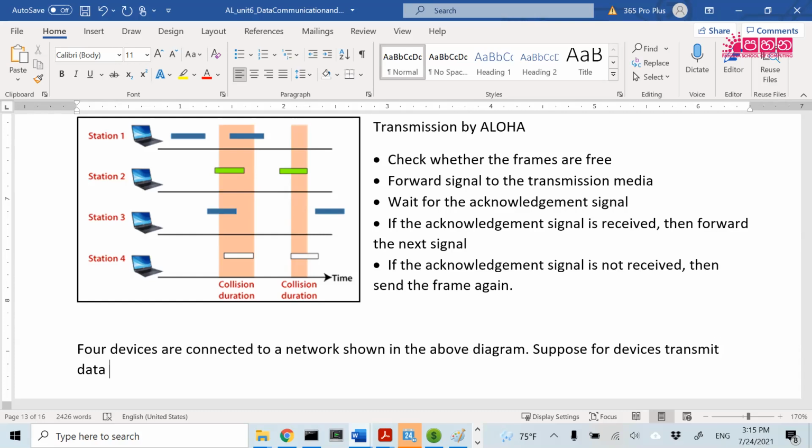Suppose four devices transmit data to a single transmission.